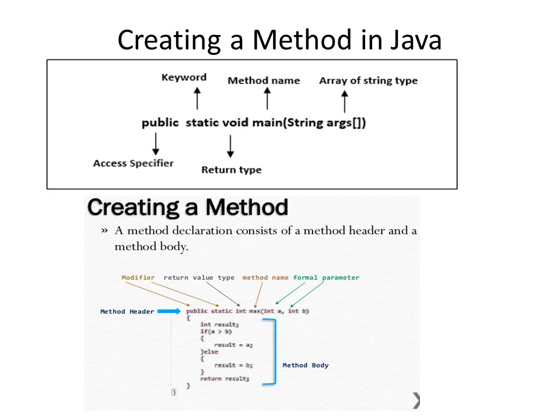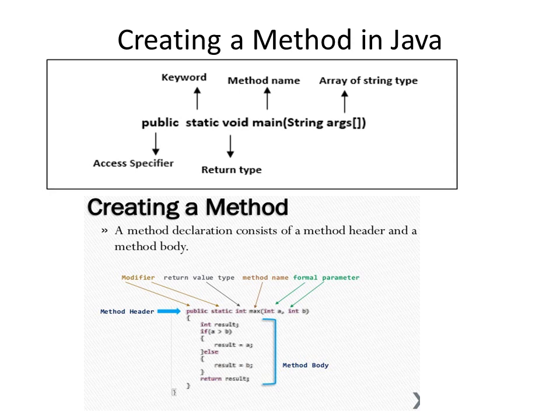Here public is the access specifier, which we will study in the next lectures. Static is the access modifier, meaning we cannot change the definition of the main method. Void is the return type, that is, this function is not going to return any value. Main is the method name or the function name.